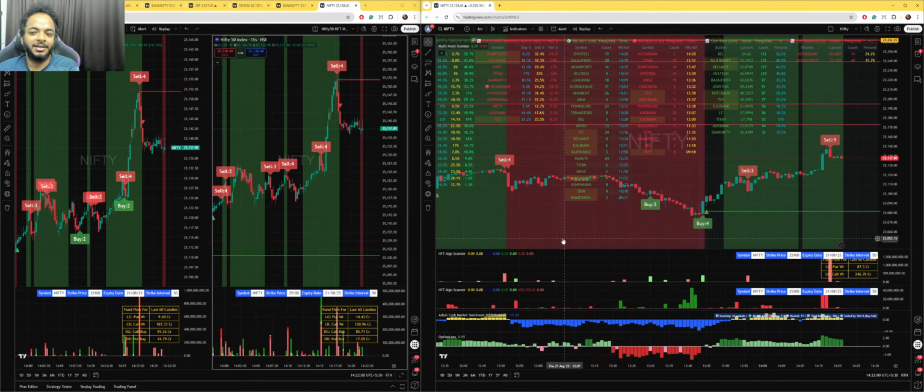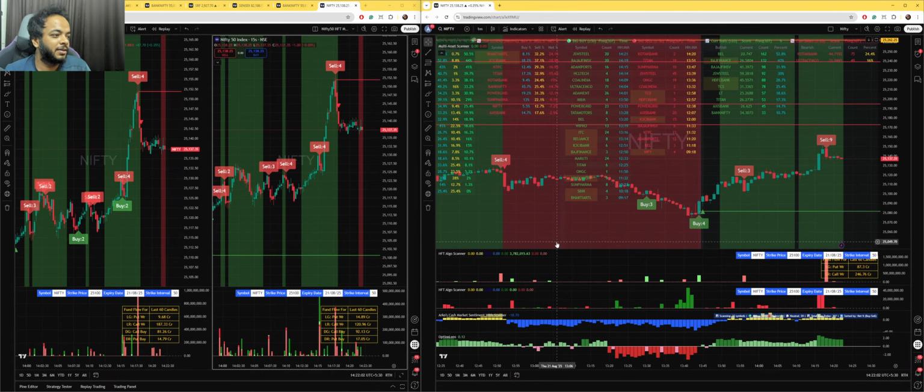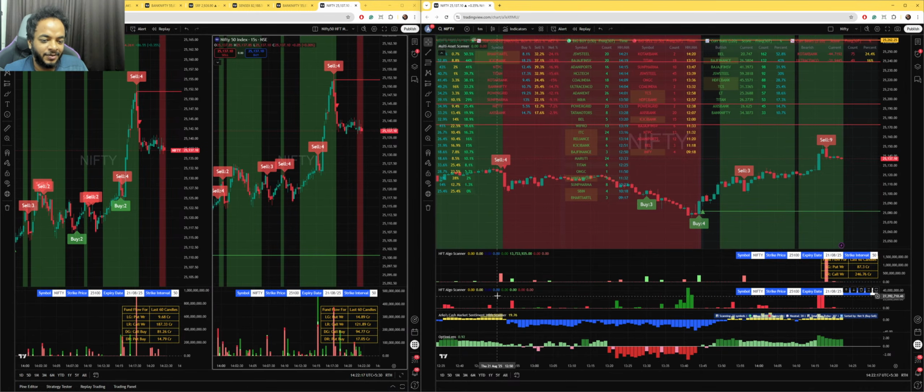That means who is putting a bigger bet. What Ronak is saying is that if the color suddenly changes, then it's a good to go signal with his indicator.